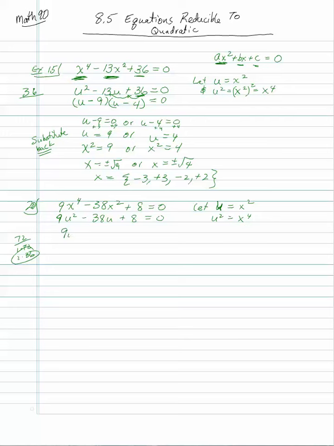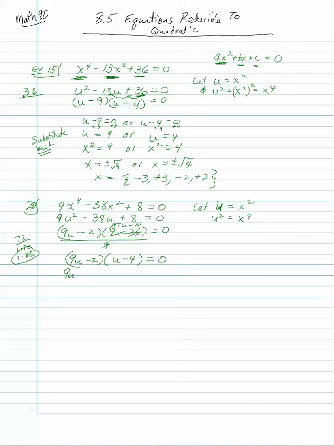So 9u, 2 and 36. Nothing comes out of the first one, 9 comes out of the second one. So we've got 9u minus 2, u minus 4 equals 0.